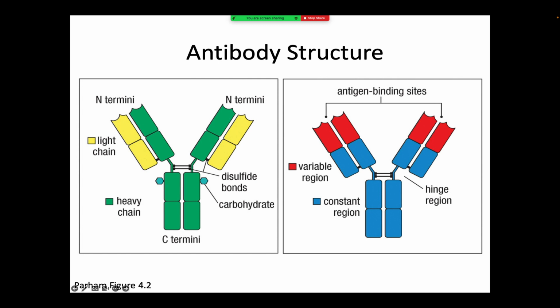You will also notice that on this image, as well as many of the other images that people always show for antibodies, we often draw the antibody as being made up of these little boxes.